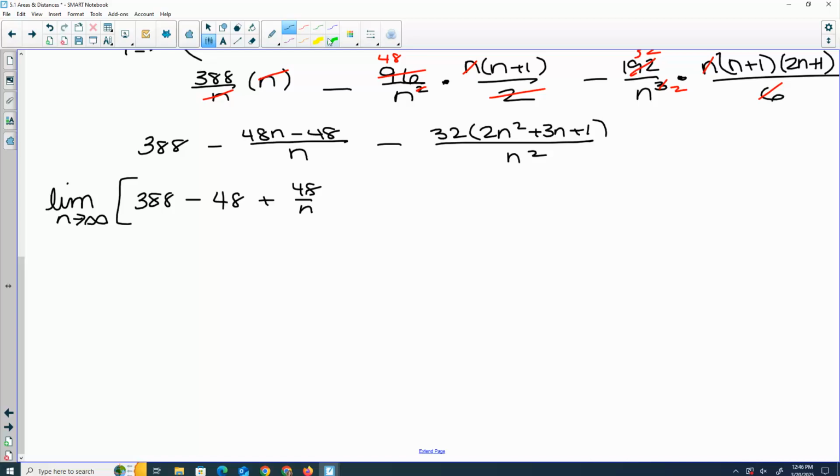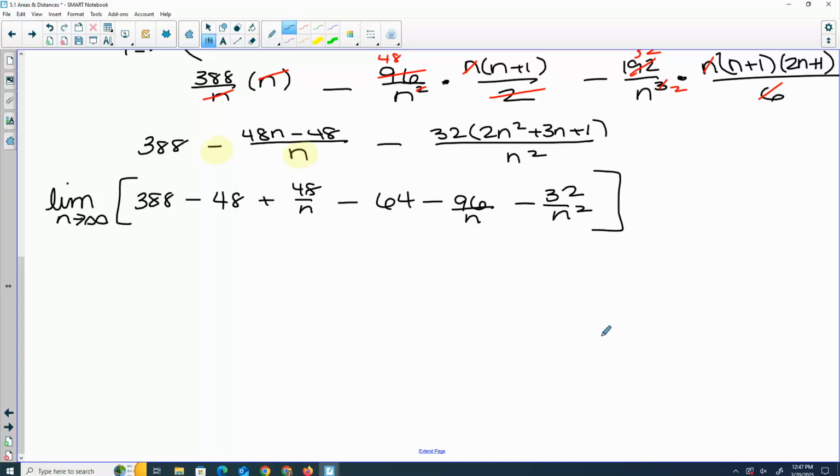So I distributed this negative and divided by n in that step. On this one, can I distribute a negative 32 and divide by my n squared? So that would be minus 64, n squared over n squared cancels, minus 96n over n squared, so 96 over n, minus 32 over n squared.